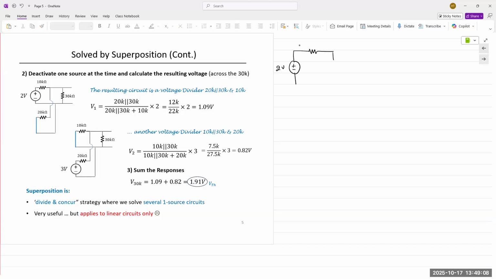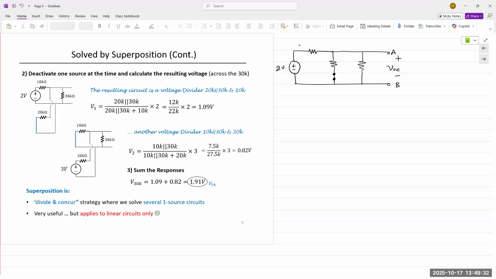So replace it with a short circuit. The 3-volt source, it was here. Now it's replaced. So A and B. Analyze for the open circuit voltage between A and B.